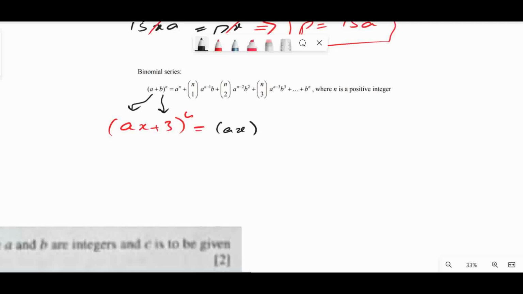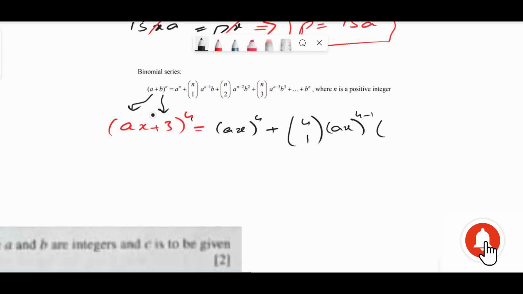So (ax) whole power, and n is 4, so plus 4C1 (ax) power 4 minus 1 into b power 1 plus, and we still have to expand it further because we are interested in the coefficient of x^2.